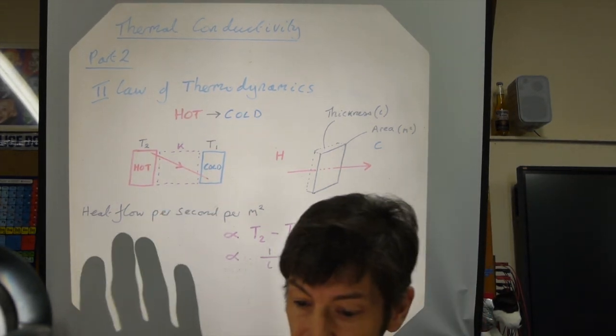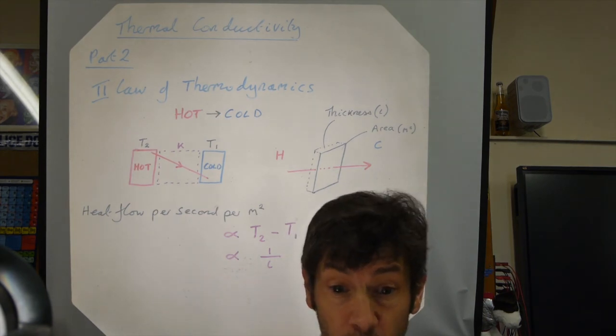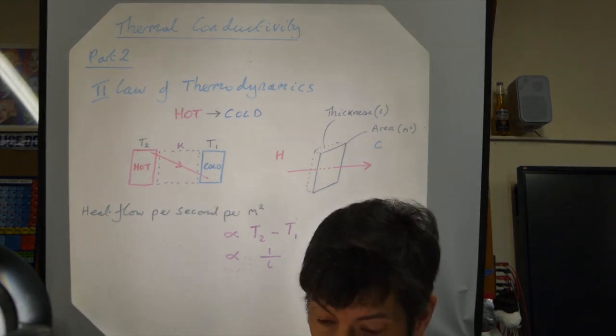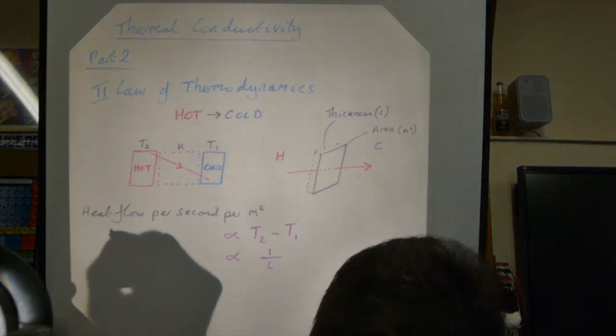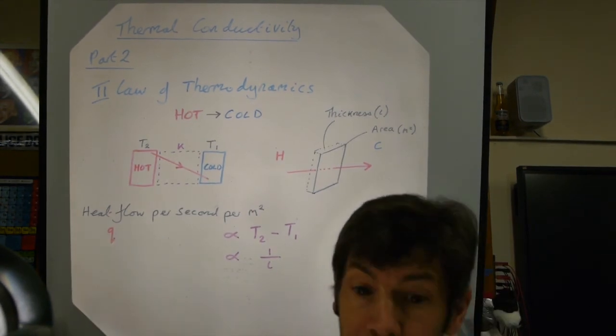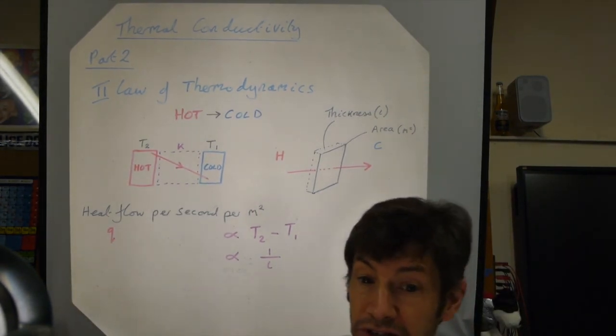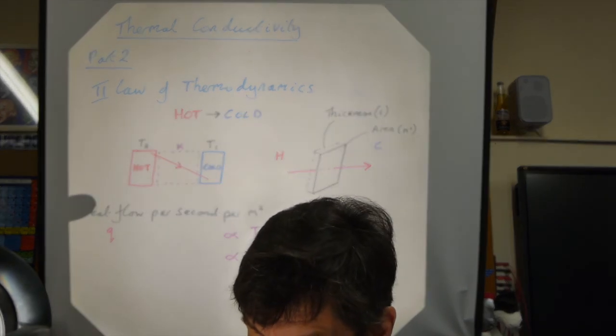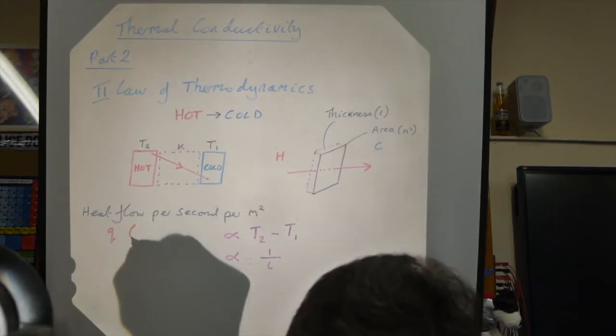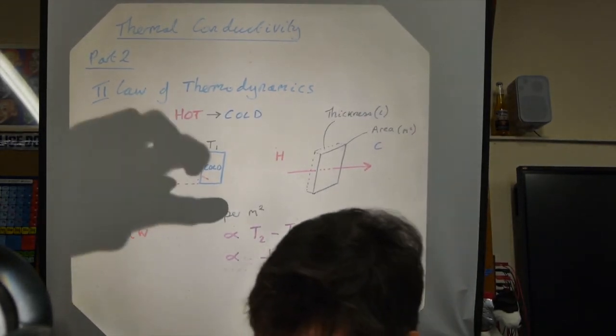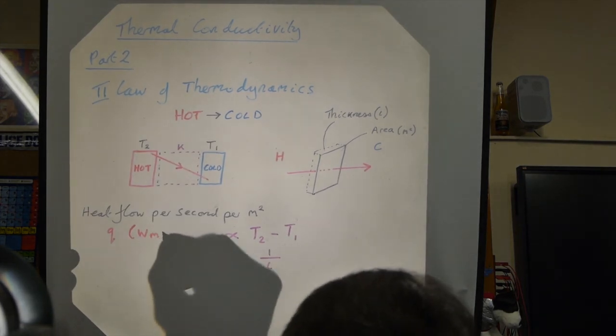This value, the heat flow per second per metre squared, we're going to give the letter Q to. And Q is going to be measured in watts per metre squared.